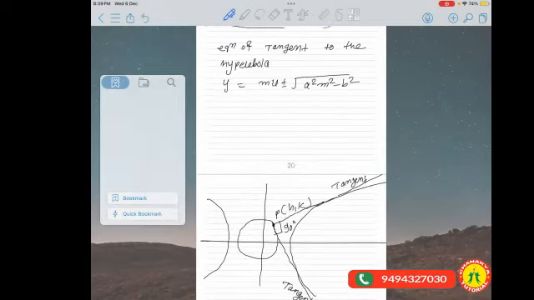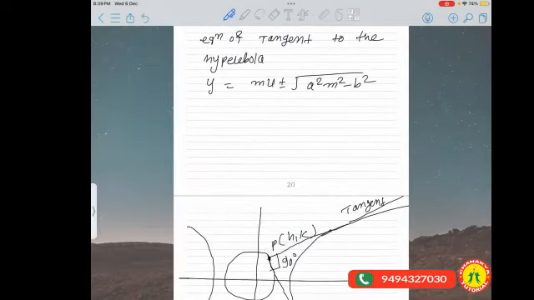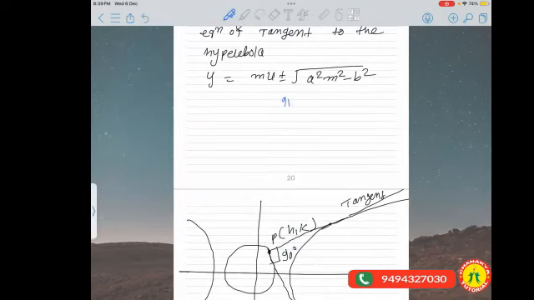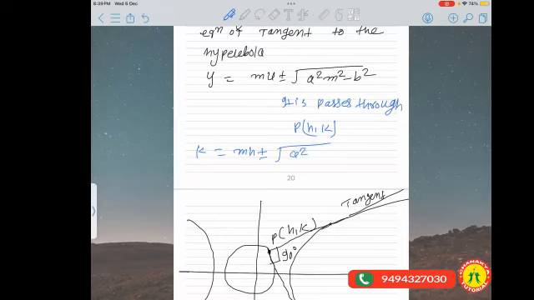So now it passes through the point P, that is, it passes through h comma k. So now k is equal to mh plus minus root under a square m square minus b square.